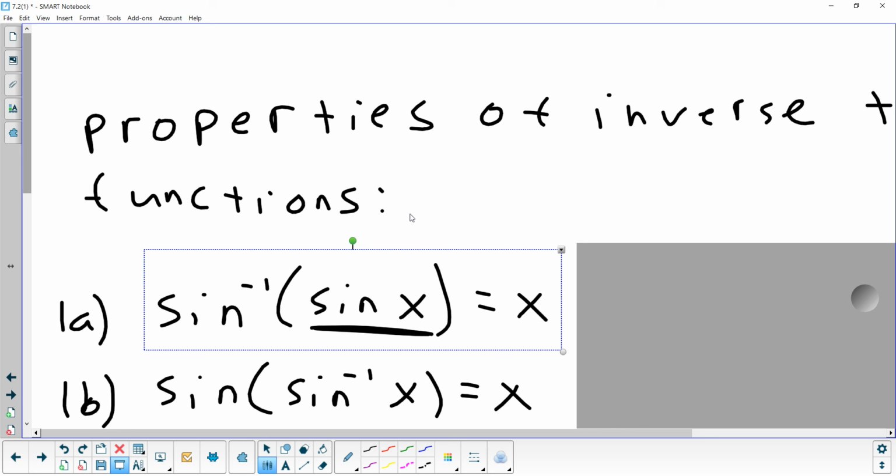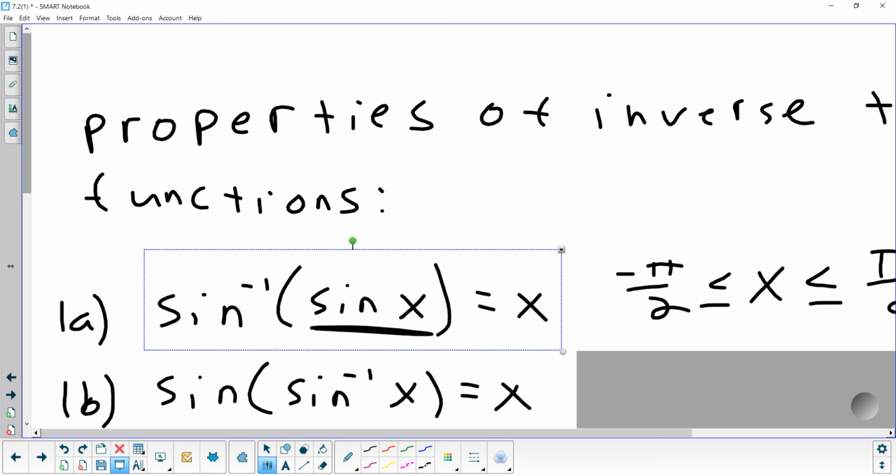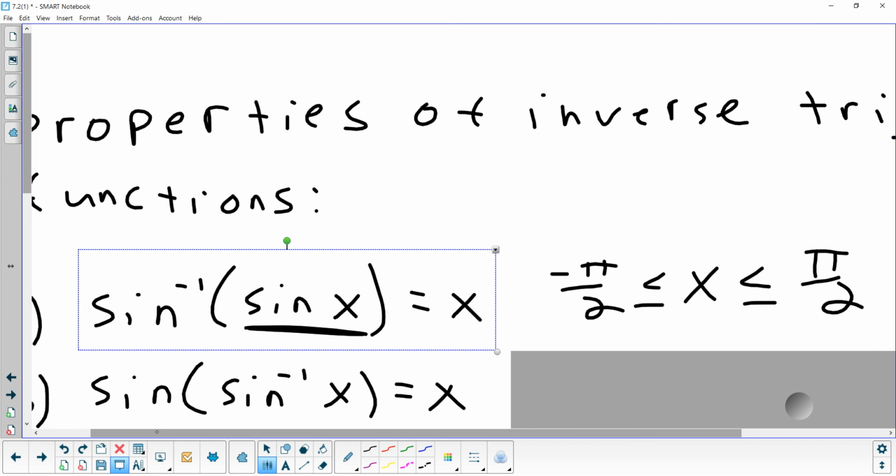They're the same thing. Negative pi over 2 to pi over 2, which in decimal is about negative 1.57 to 1.57. That's why 1.8 didn't work. It wasn't between those two numbers.